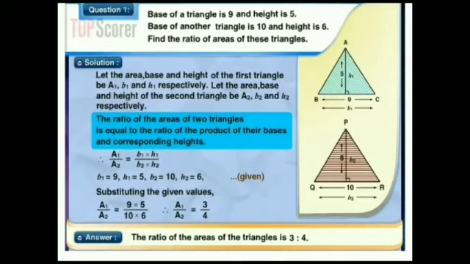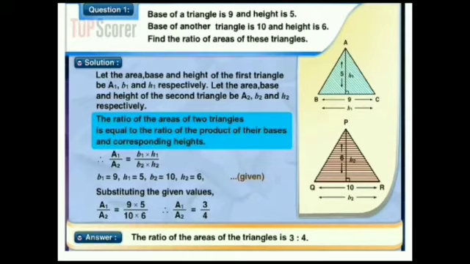So therefore, A1 upon A2 is equal to B1 into H1 upon B2 into H2. B1 is equal to 9, H1 is equal to 5, B2 is equal to 10, and H2 is equal to 6. Write down reason in the bracket given.